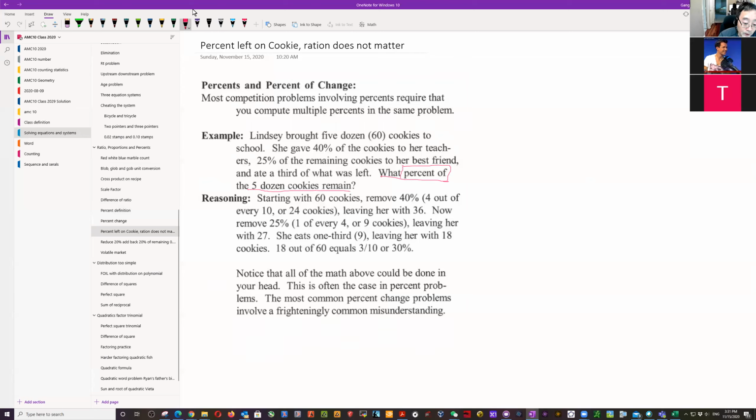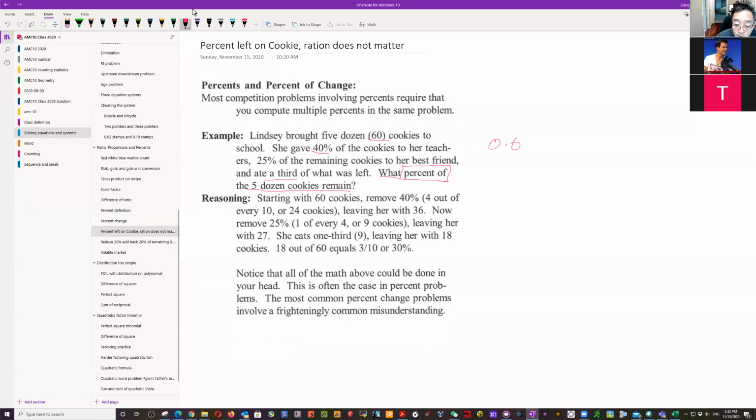When it asks for a percentage, even if you give 60 cookies, it's using the percentage, and you don't even have to consider 60. She gave 40% of the cookies away, so she got 60% left. So it's 0.6.